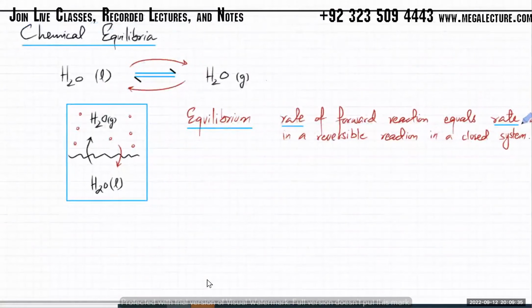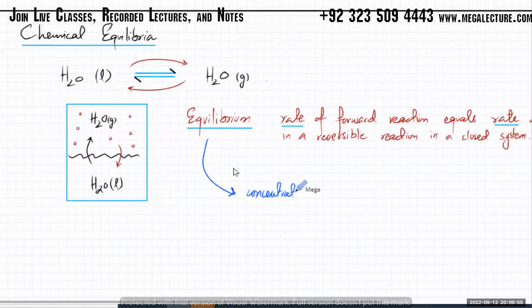Or when something is at equilibrium, the concentration of the particles will stop changing when something reaches equilibrium. So उसके बाद the concentration becomes fixed. So the concentration, or we can say the quantity of the particles or the moles of particles, will stop changing.